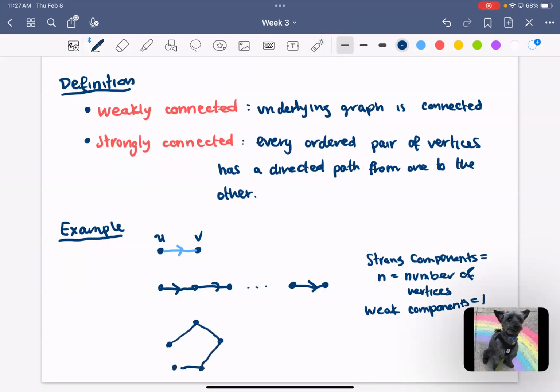How many strong components and how many weak components? So this is strongly connected and weakly connected. Okay, are there questions about any of these examples?